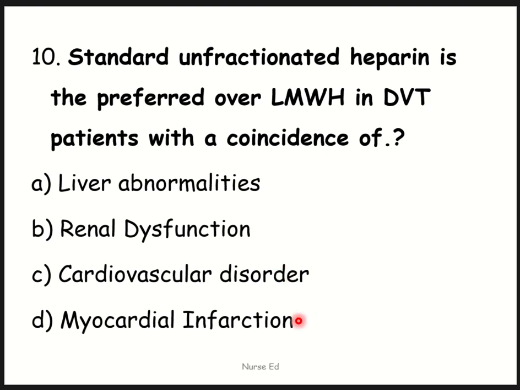Guess what? Renal dysfunction. In a renal dysfunction patient, low molecular weight heparin, which you give subcutaneously, that is administered even for DVT and as DVT prophylaxis, is generally not preferred. So instead, unfractionated heparin is given.